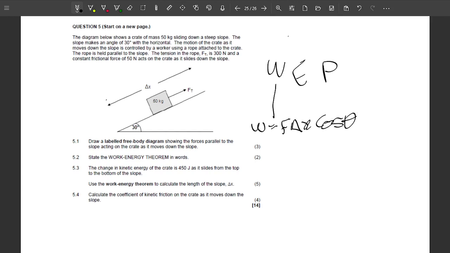But to really get the definition of what work is, we'll disregard the cos and just have this. So work is essentially the product of the force acting on an object and its displacement. And work is similar to energy.